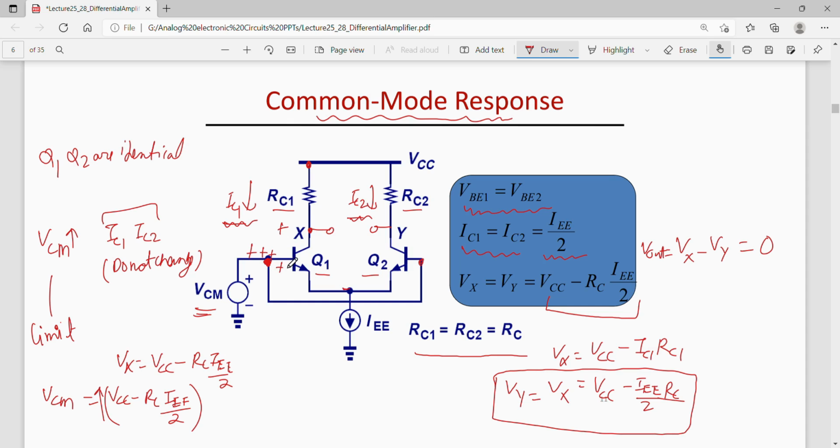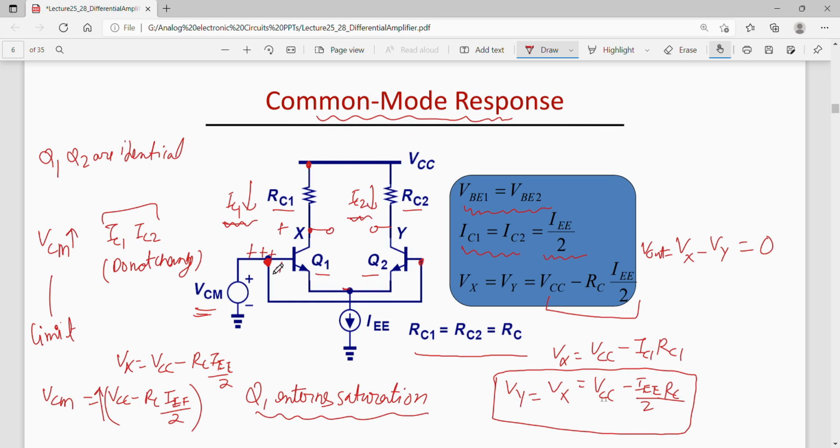So this would make my collector base junction forward biased. When the collector base junction is forward biased, this transistor Q1 enters saturation. And we want the BJT to always operate in the active region, so the collector base junction should always be reverse biased.